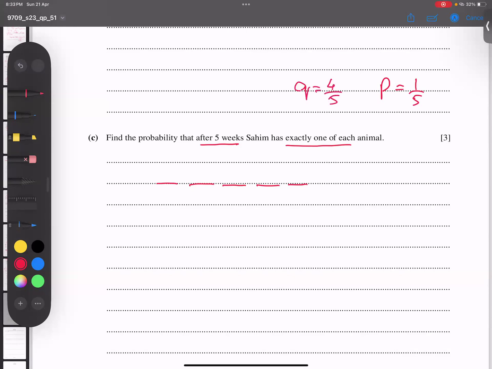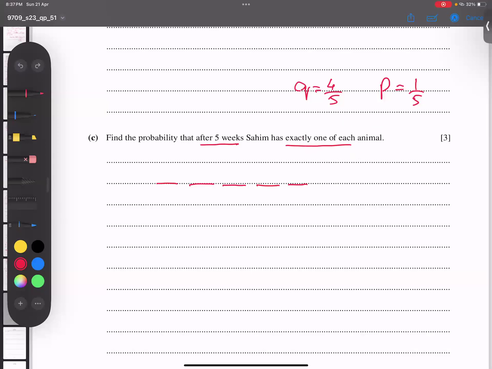So he talks about exactly 1 of each animal. Probability after 5 weeks, Sahim has exactly 1 of the each animal. So what is the method behind that? We have to focus here. 1 minute, I just explain you the concept. So what we can do is, listen, please, each animal 1.